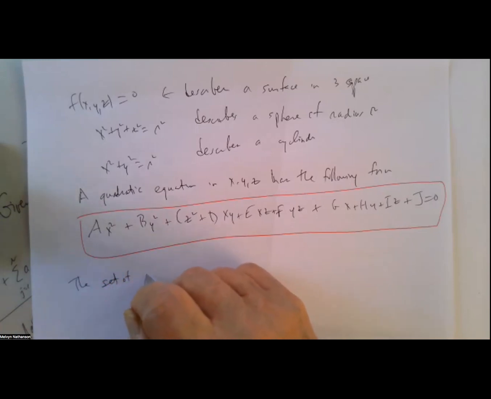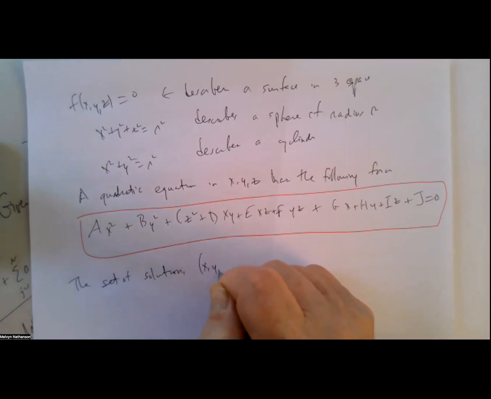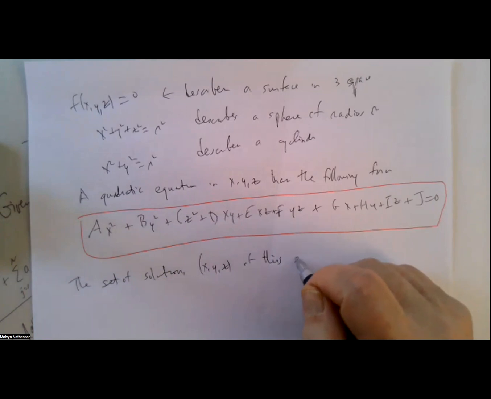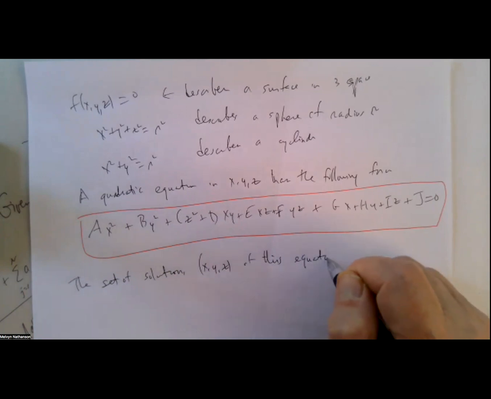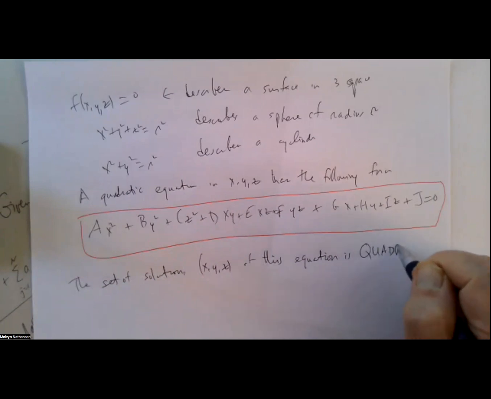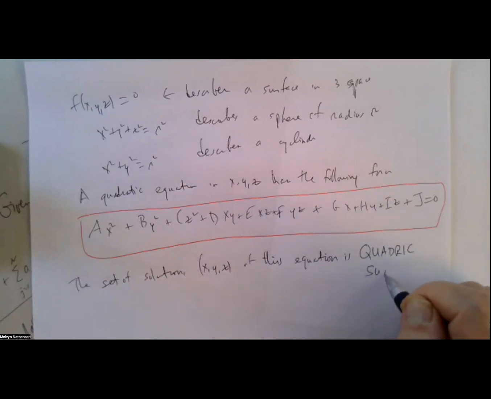The set of solutions (x, y, z) of such an equation is called a quadratic surface.